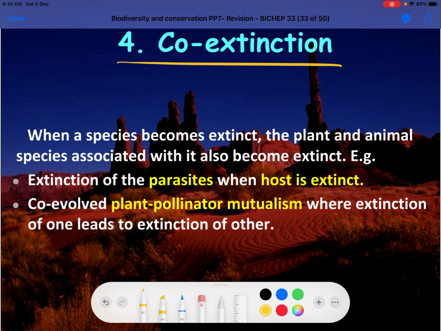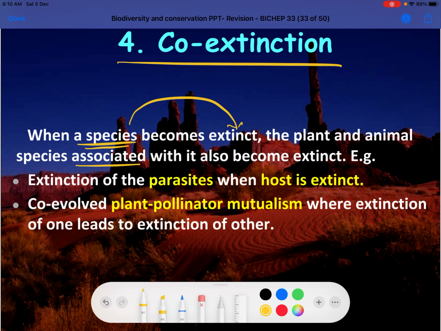As we have discussed, when a particular species is getting extinct, the plants and animals which are associated with it also become extinct. Why? Because they are part of a food web or a particular food chain. So the entire chain will be disturbed.